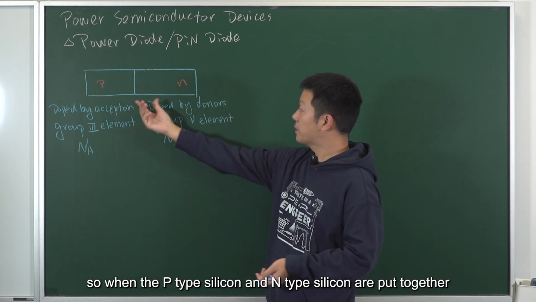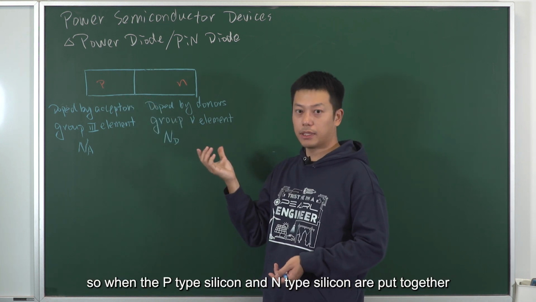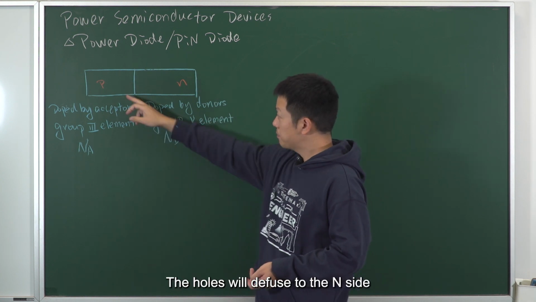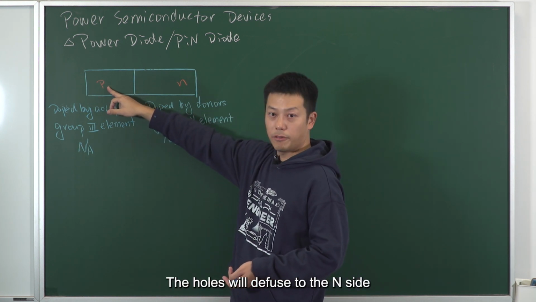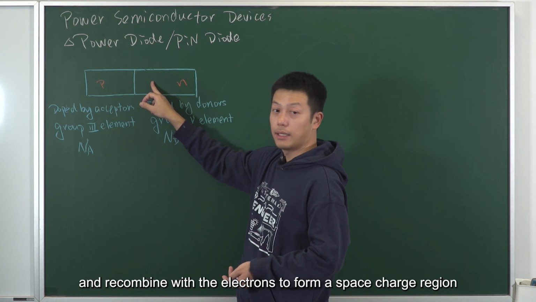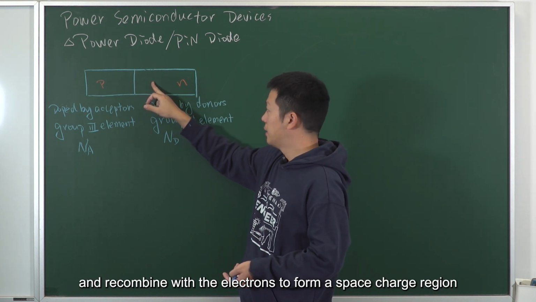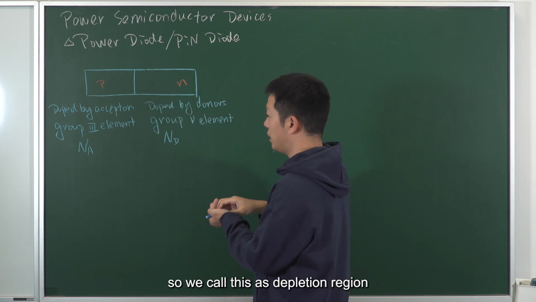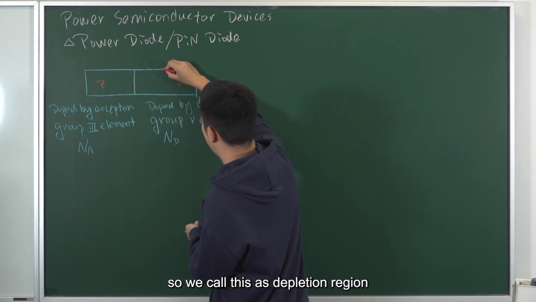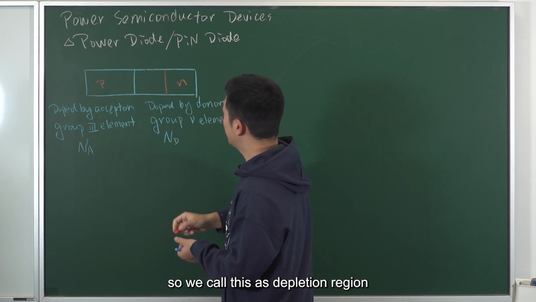When the p-type silicon and n-type silicon are put together, the holes will diffuse to the N side and recombine with the electrons to form a space charge region. We call this the depletion region.